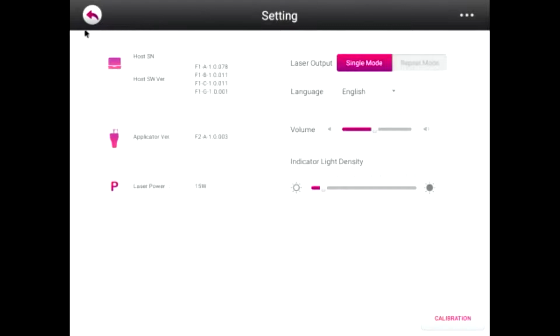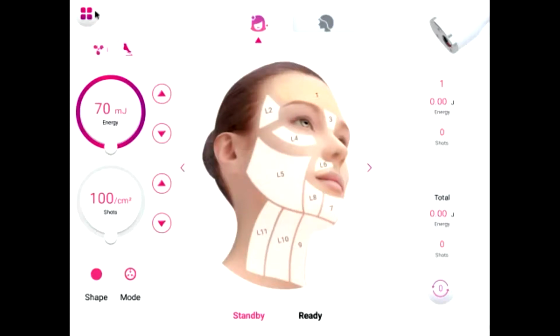Okay, now we'll show you the laser shooting on the paper. We'll use the stamp applicator first with Accure, and the energy we chose is 23 ampere and 100 square centimeters.